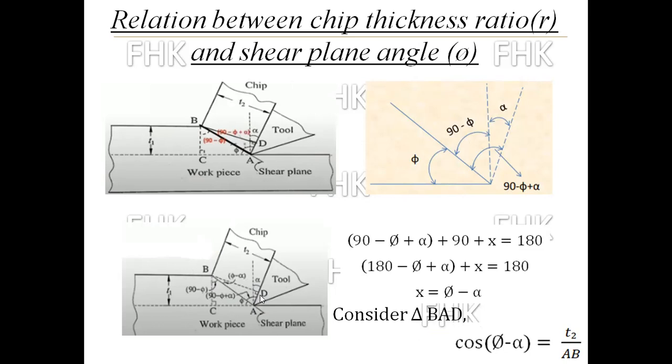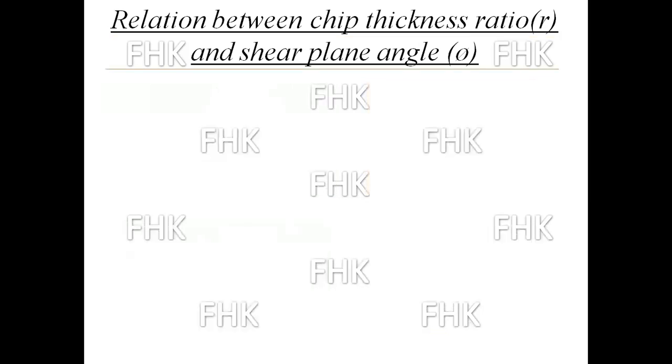This BD is nothing but t2, the thickness of chip after cutting. So cos(φ − α) is equal to t2 divided by AB, so the value of AB becomes t2 divided by cos(φ − α). This will become equation number 2.